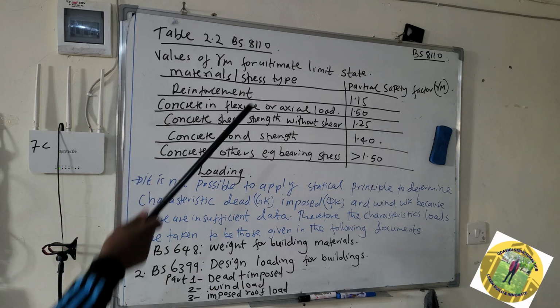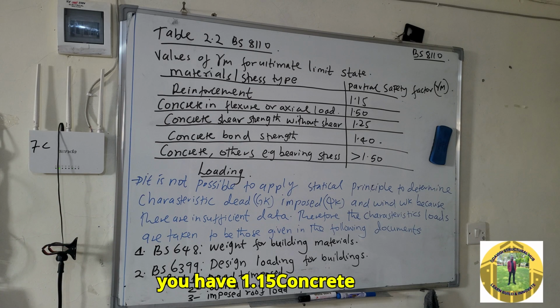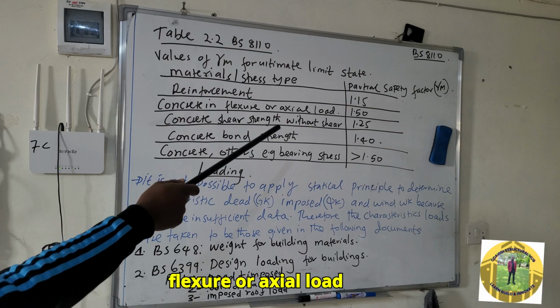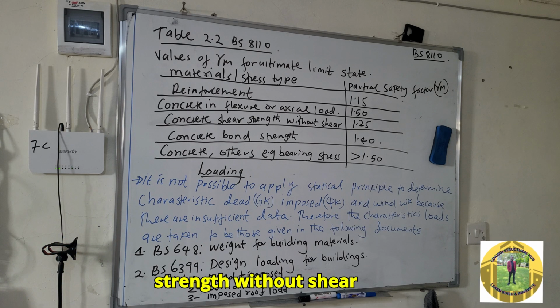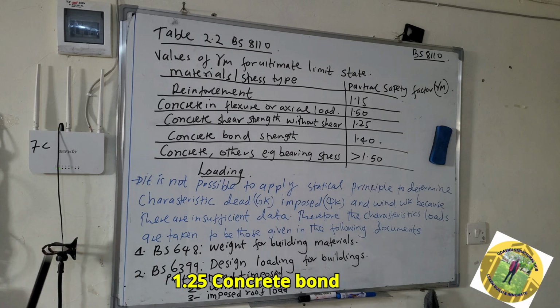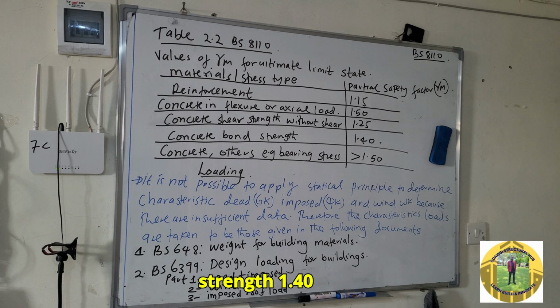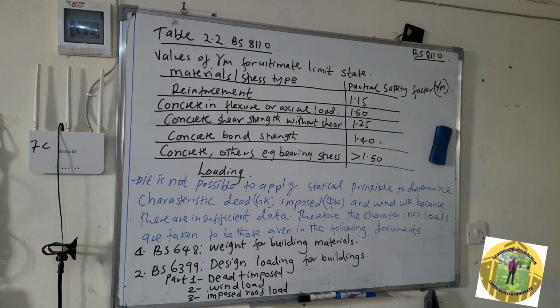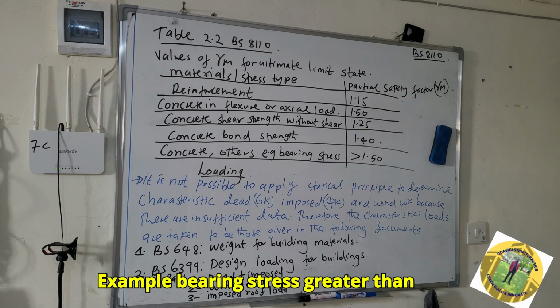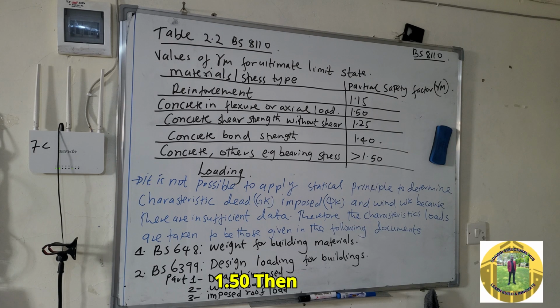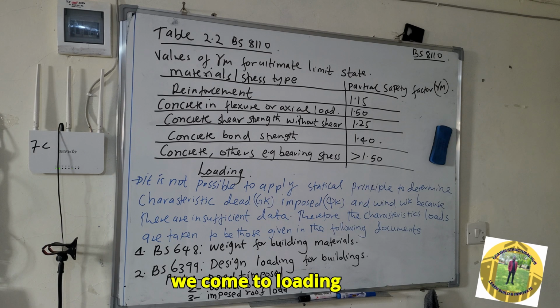So reinforcement, we have 1.15, concrete flexure or axial load 1.50, concrete shear strength without shear reinforcement 1.25, concrete bond strength 1.40, concrete or others, for example bearing stress, 1.50.